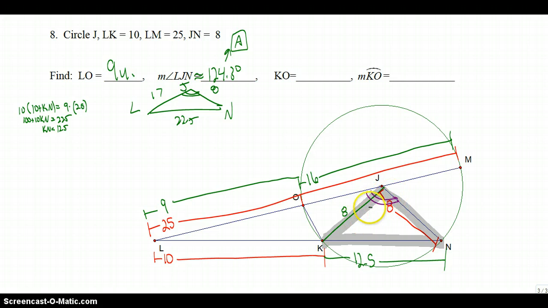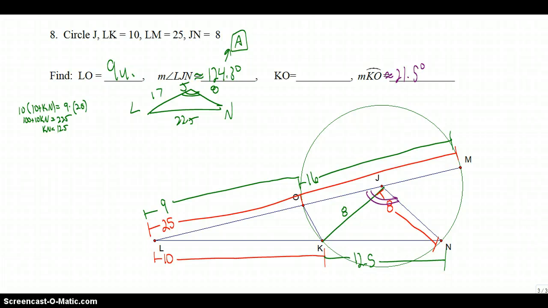So if I can find the measurement of that angle and then subtract that from 124.3 degrees, what's left over is this little angle on the side, angle OJK. That's a central angle that corresponds to arc KO, and that's going to give me 21.5 degrees for the measurement of that arc.